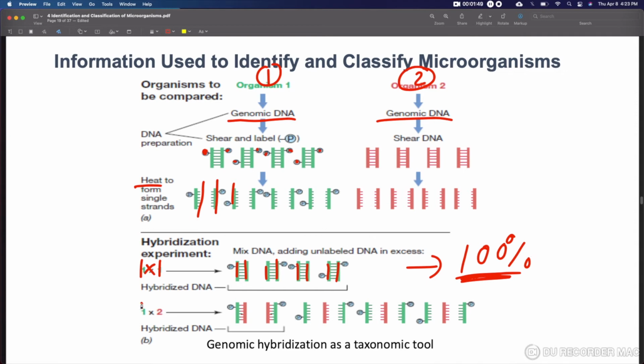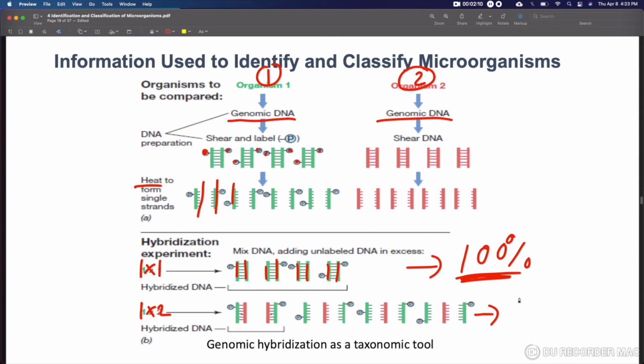Now, for the second hybridization experiment, we're going to use 1 times 2. We're going to hybridize the DNA of organism 1 with the DNA of organism 2. And here, we will look at the percent level of radioactivity and the percent level of hybridization.